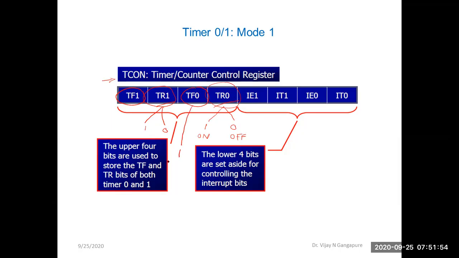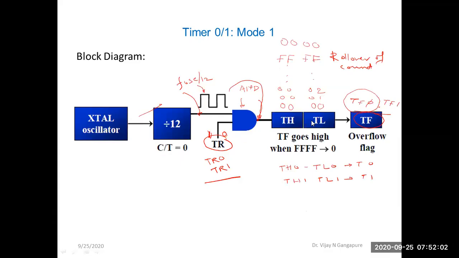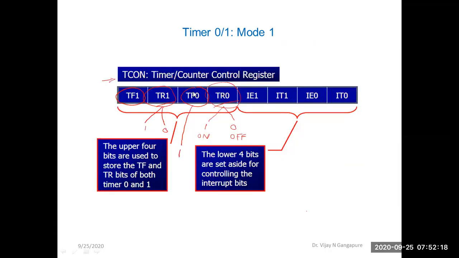Rollover means whatever count is there in the timer register, that is TL0 and TH0 in case of timer 0, if it changes from all ones, that means FFFF, to all zeros, 0000, then this TF0 bit will get set.